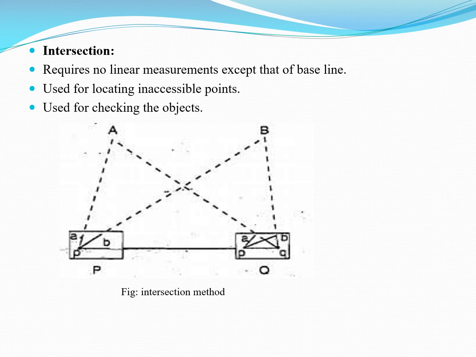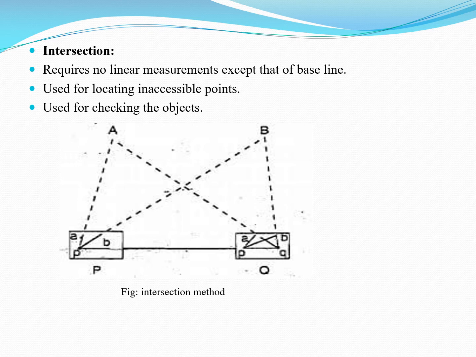So let's see the actual procedure. Suppose it is required to plot the inaccessible points A and B from the two fixed points P and Q. Initially the plane table is set up over station P. All the arrangements are done as per setting of plane table.